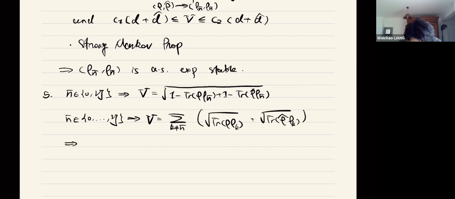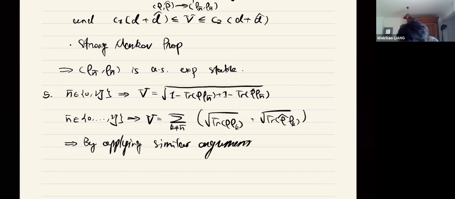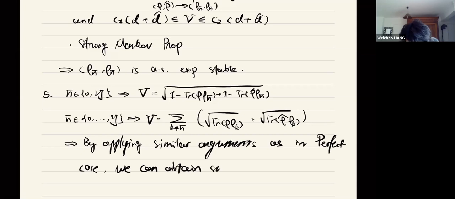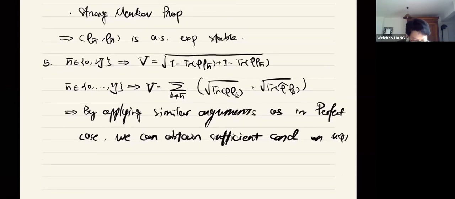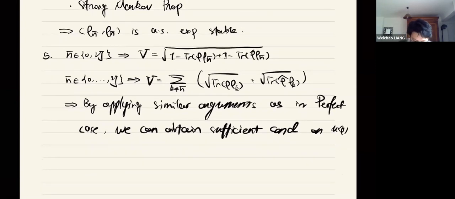And next, just by applying similar arguments as in the perfect case, we can also obtain the sufficient condition on the feedback controller to ensure the exponential stability of the target state. And in fact, in the following, we can see that the feedback controllers in the perfect case also work in this imperfect case. Okay.